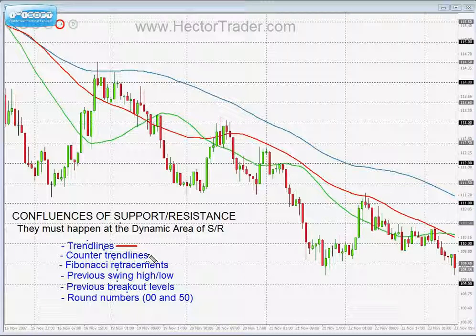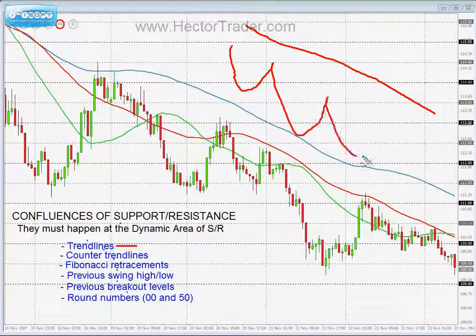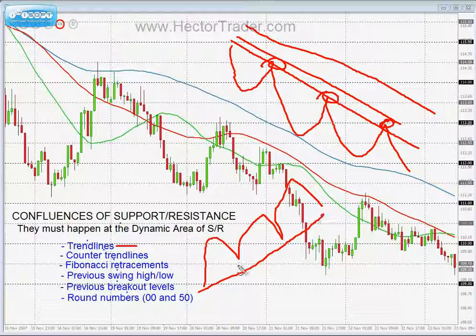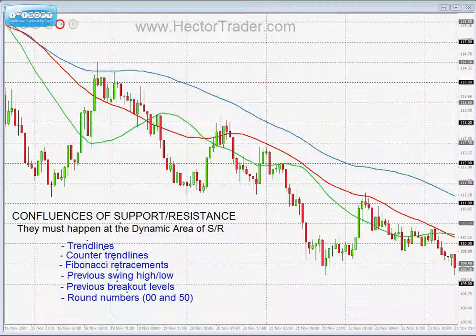If you have a downtrend and different swing tops falling in line within a straight line, linking together all those swing highs, or swing lows if you are in an uptrend, of course, that's what is usually called a trend line.